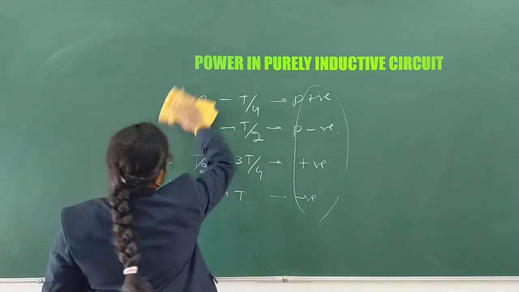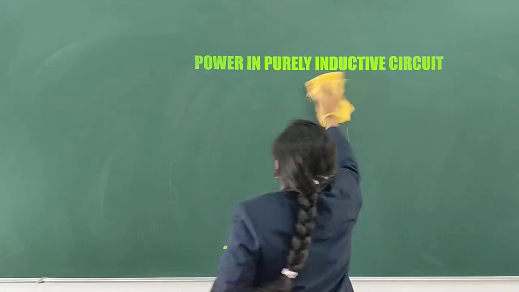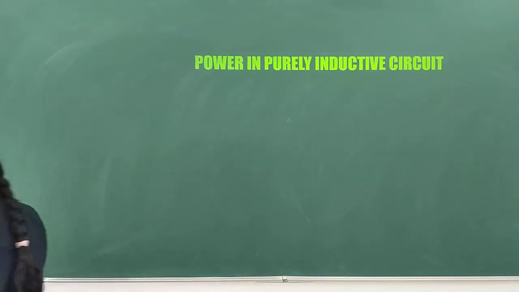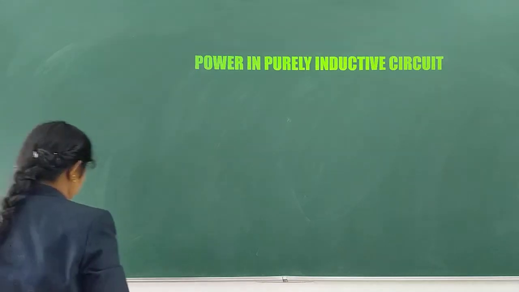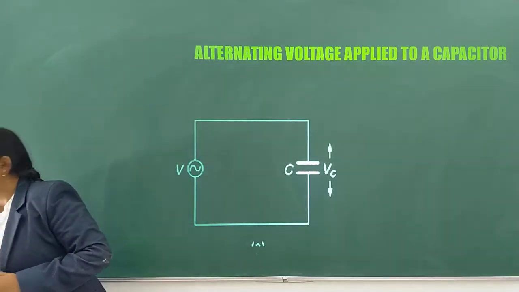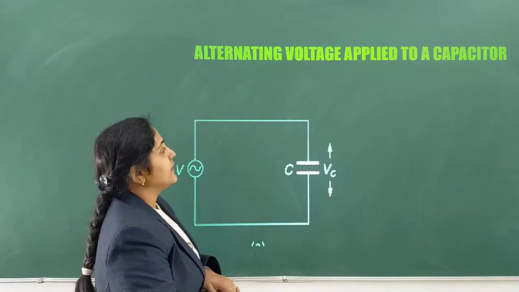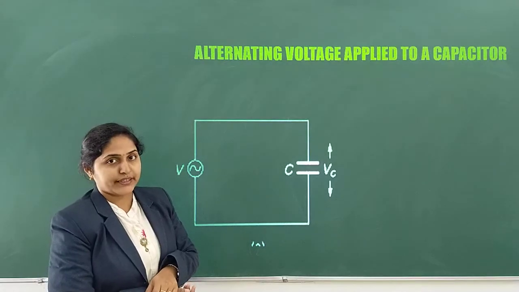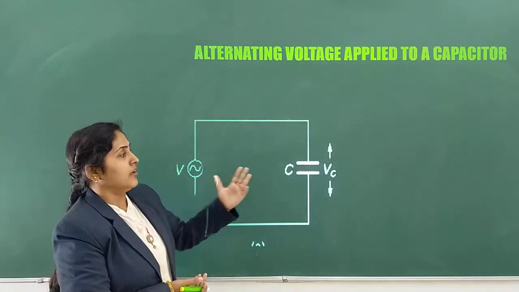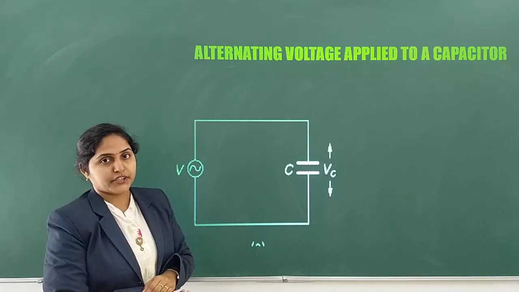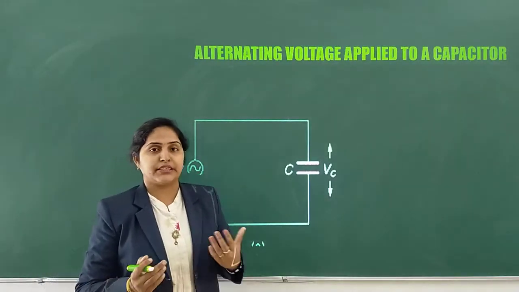And then discussing the relationship between voltage and current in a pure capacitive circuit. Let us see, when an AC source, that is, an input alternating voltage, is connected to a pure capacitor, what will be the relationship between current and voltage, and what is the phase angle between current and voltage?